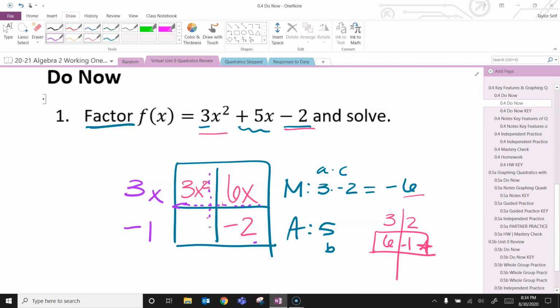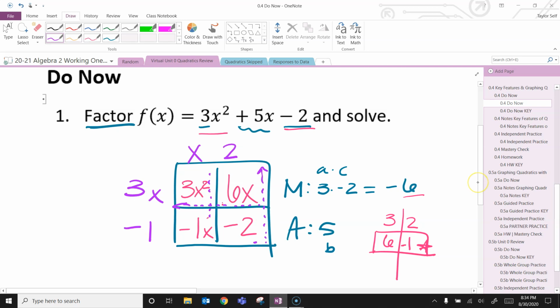I don't know why things keep disappearing, but let's pretend that didn't happen. 1 can go into both 3 and 1, so we don't care about that one, and they both have x. And then if we go up on this line, 2 can divide both into 2 and 6, and they do not both have x, so those are our factors.